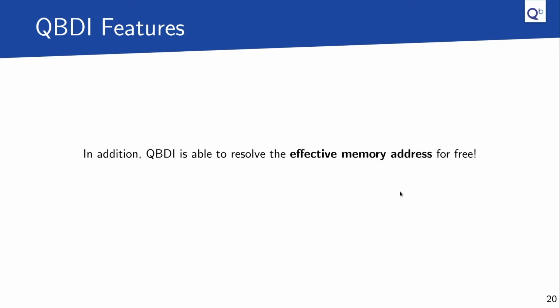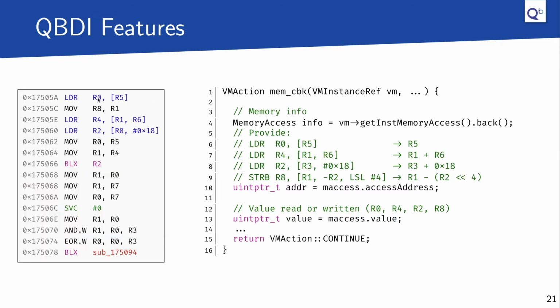In addition, QBDI has interesting functionalities that enable you to resolve the effective memory address of an instruction. For instance, if you have a load of R0 from R5, you have an API to automatically know the value of R5. If you have, for instance, R1 and R6, it will automatically compute the value of R1 plus R6.